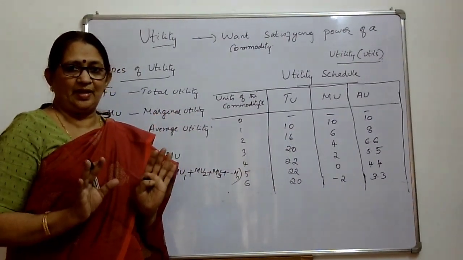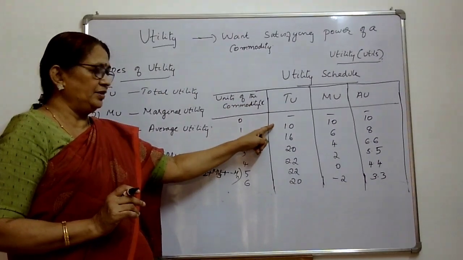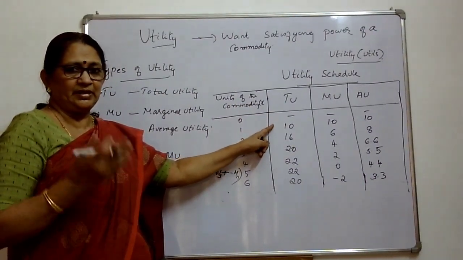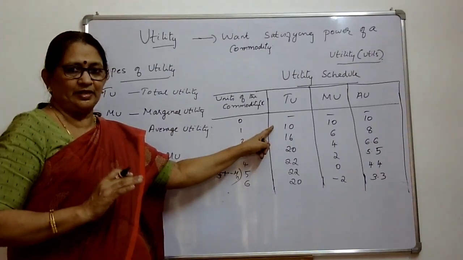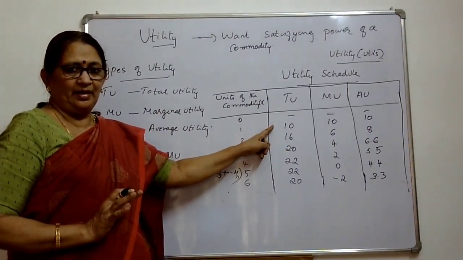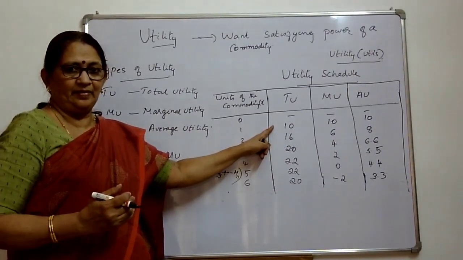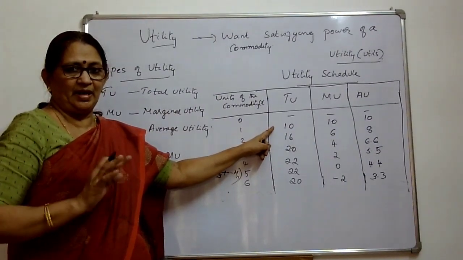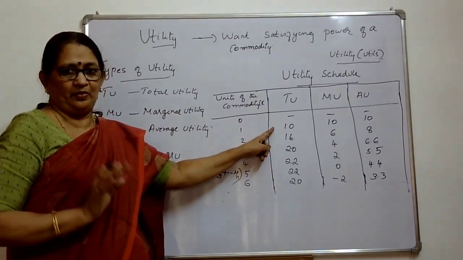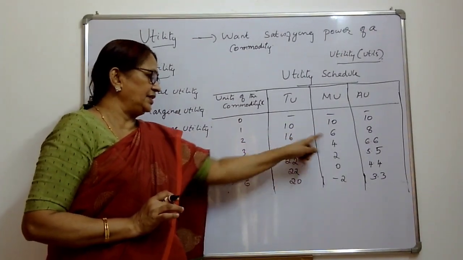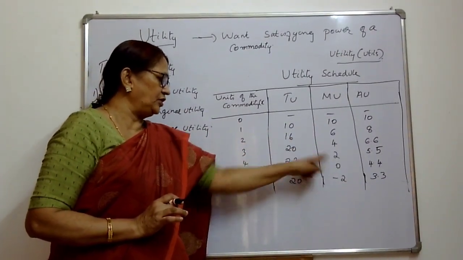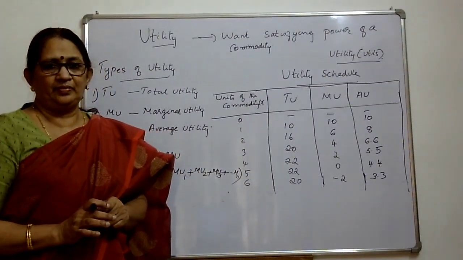So how is it derived once more? Total utility is the total satisfaction derived by the consumer by consuming a commodity. How can we calculate it? By totaling marginal utility, sigma MU. So 10 plus 6, 16, 16 plus 4, 20, 20 plus 2, 22, and so on.